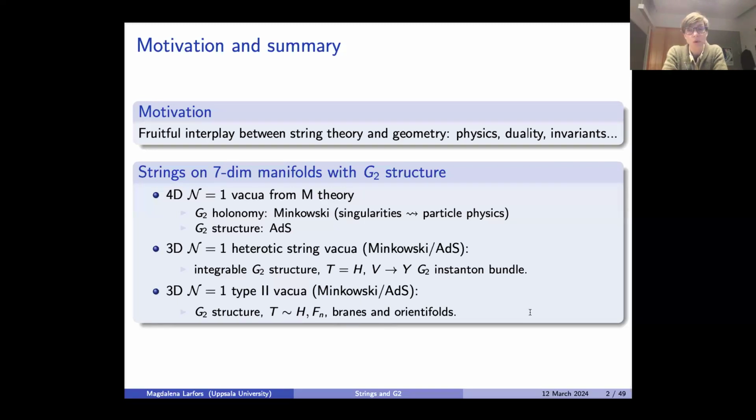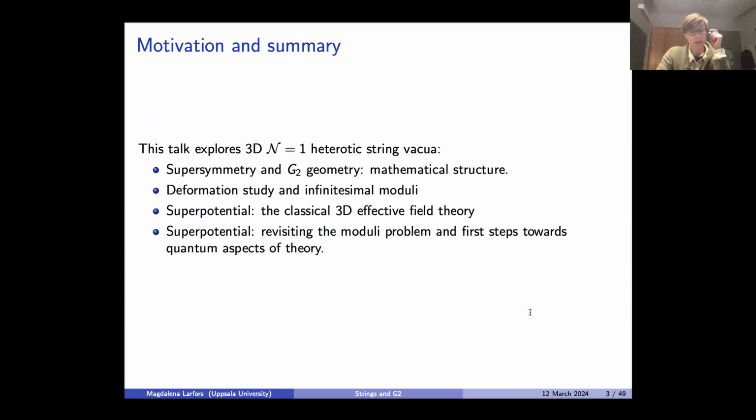One can also explore these kinds of geometries from the perspective of type 2 string theory, and that has been revisited a bit recently because of studies of AdS solutions again, and the various interesting cases of AdS vacua that one can find in this setting. But as I said, I'll focus on the heterotic theories.